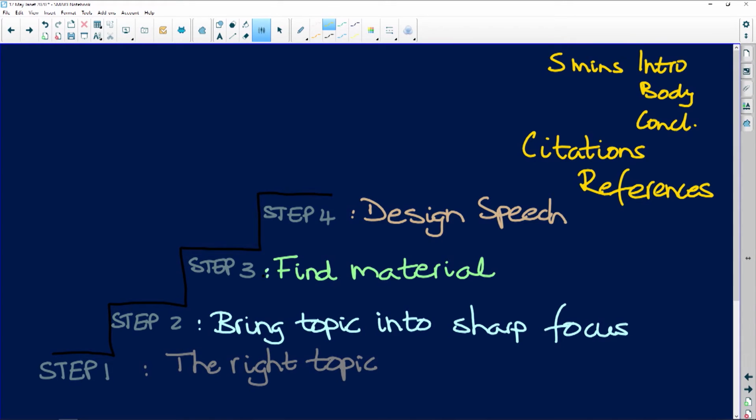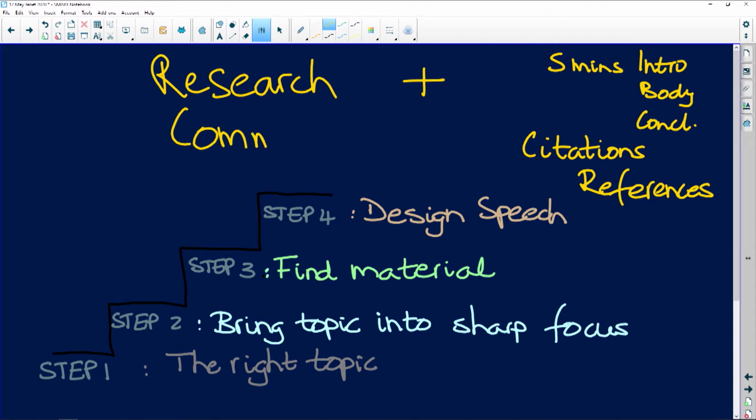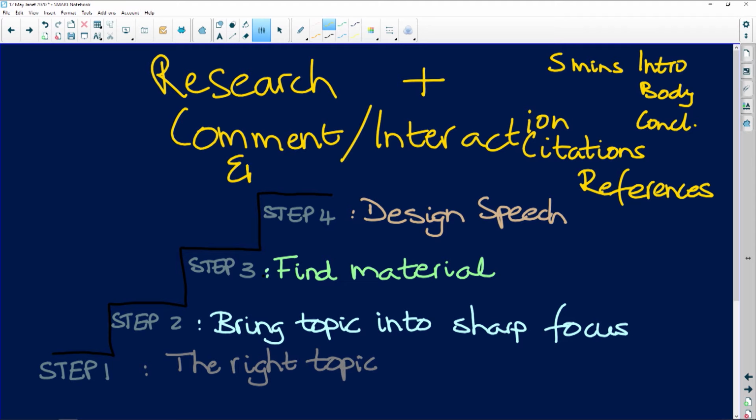Now, why I found this so interesting was, do you see when you're designing your speech, you're designing research plus your own comment and interaction, your engagement with the material.